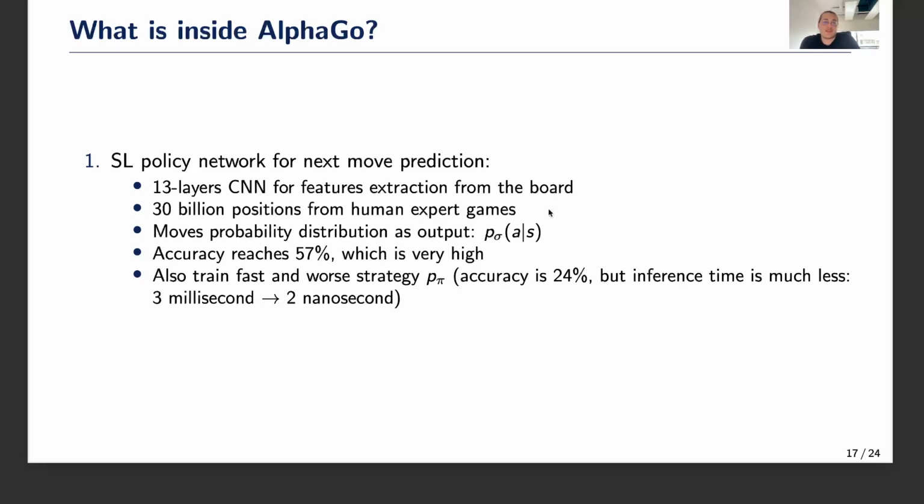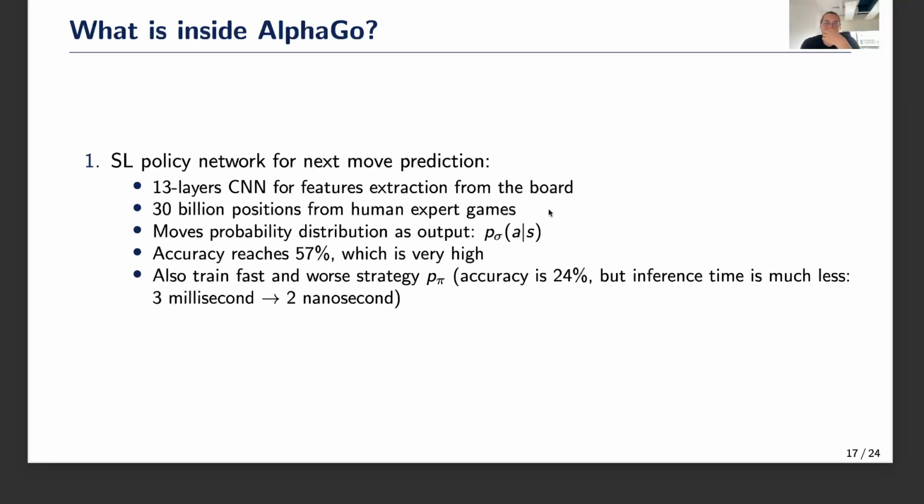The supervised learning policy network could predict the next move of a human pro with 57% accuracy, which is very high for this task. That might not sound huge, but it's extremely strong. Pros often disagree with each other, and even top engines today rarely reach that level of imitation.